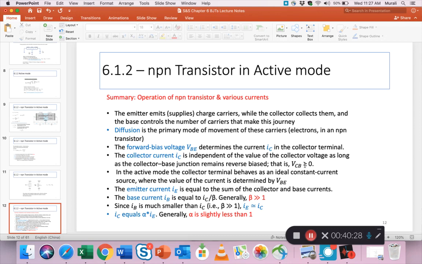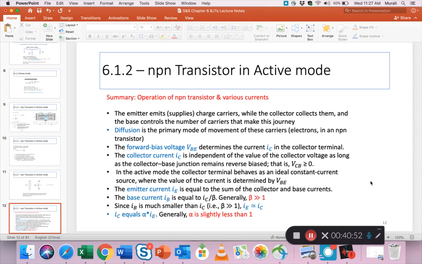Then you can almost say the collector current has nothing to do with the collector voltage, it only depends on the base emitter voltage VBE. In the active mode, the collector terminal behaves as an ideal constant current source where the value of the current is determined by VBE. Same thing as what we just said above.